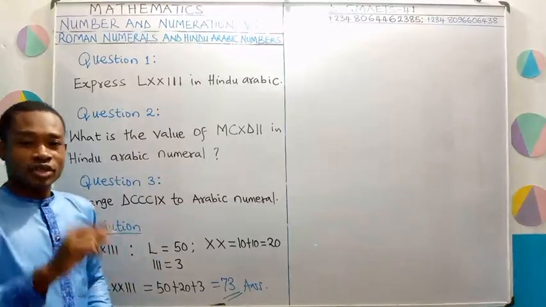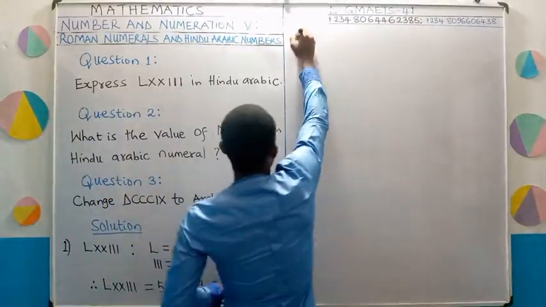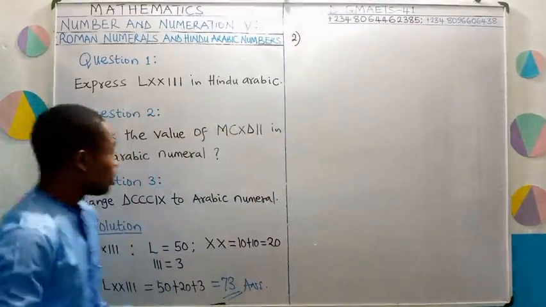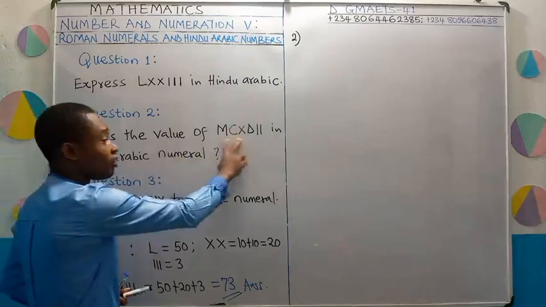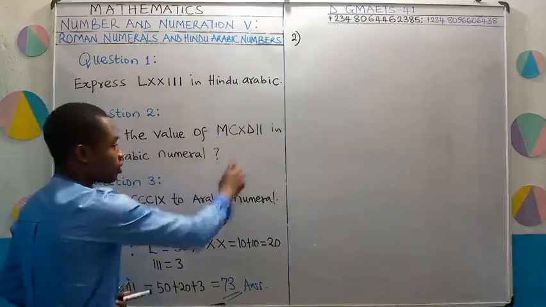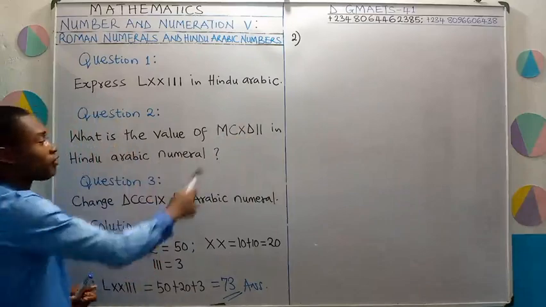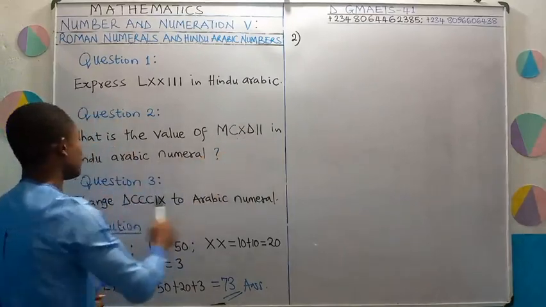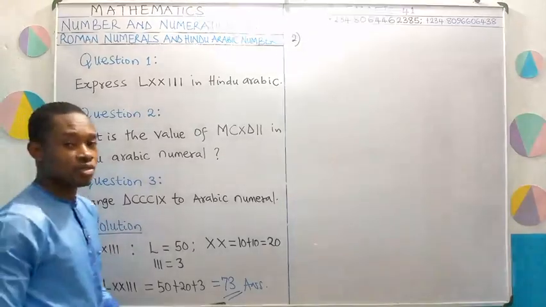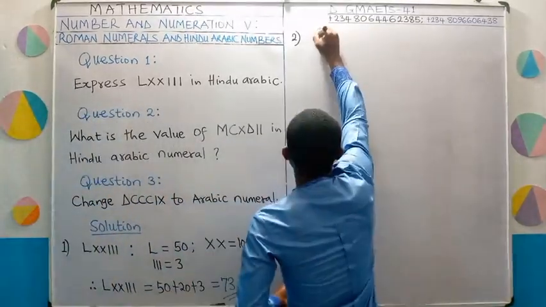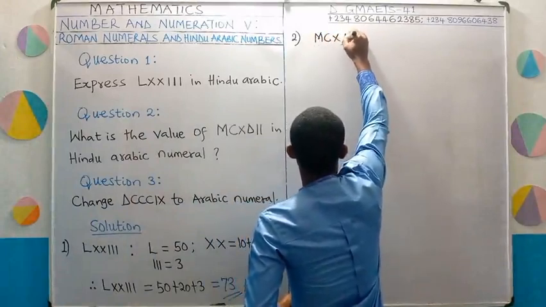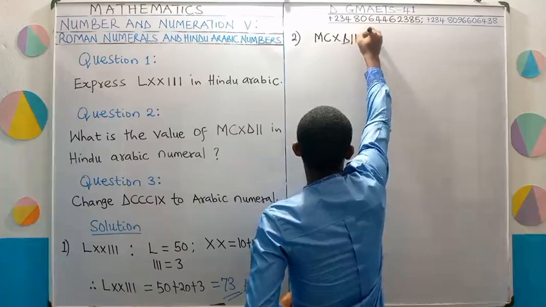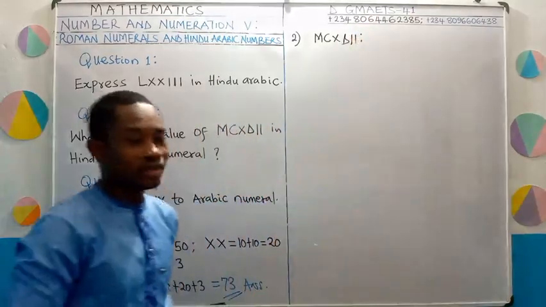This takes us to the second problem, solution. We are required to get the Arabic numeral value of this Roman numeral. What is the value of MCXDII in Hindu Arabic numeral? Okay, so we have MCXDII. I love this question.